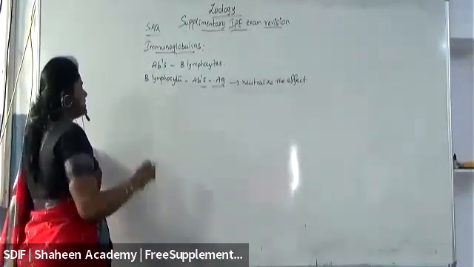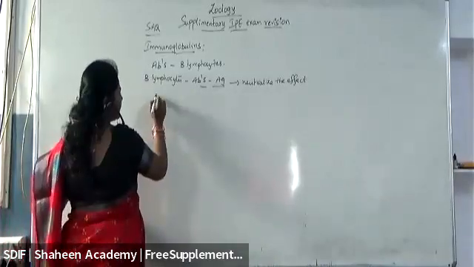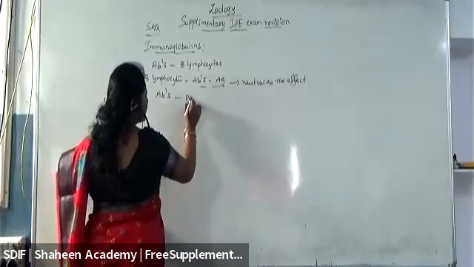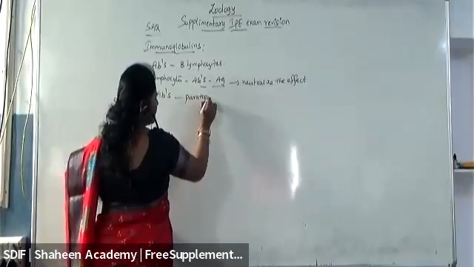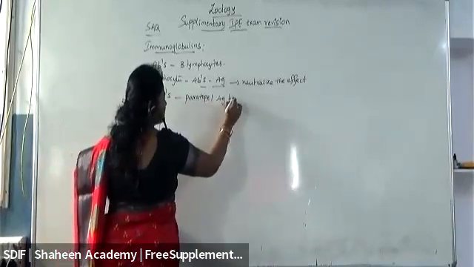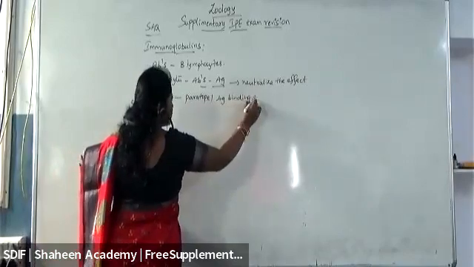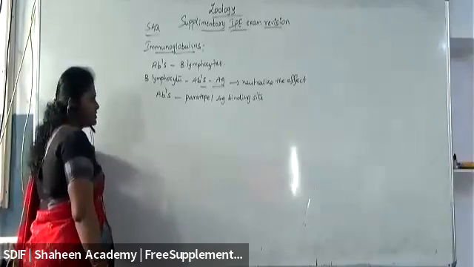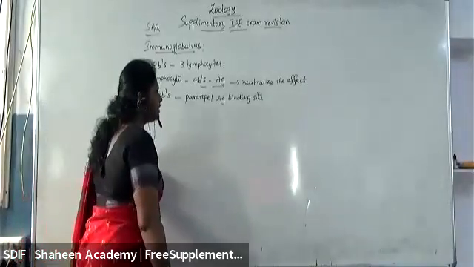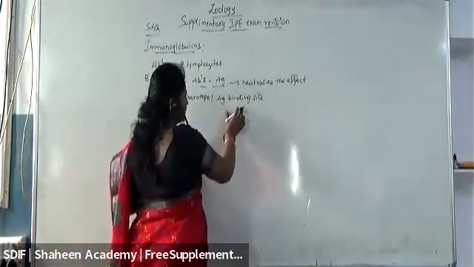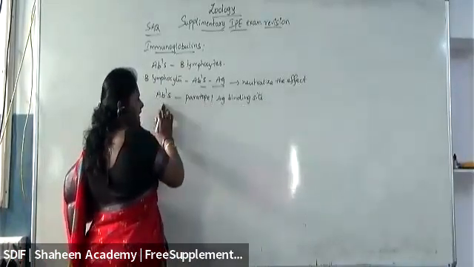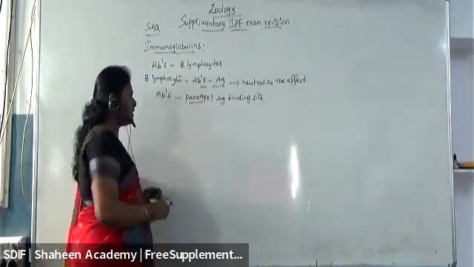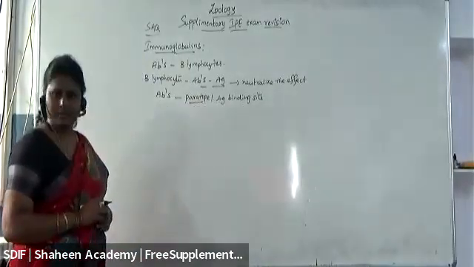And in an antibody, there is a site called the paratope or antigen binding site. Where exactly does the antibody bind to the antigen? At the paratope or antigen binding site.